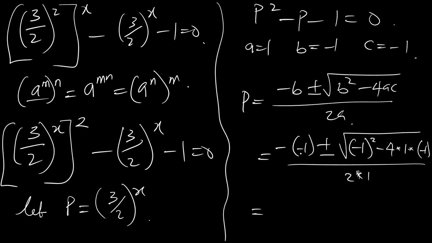So we have this is equal to 1 plus or minus, this is 1 plus 4, divided by 2. That means p is equal to plus 1 plus or minus the square root of 5 divided by 2.